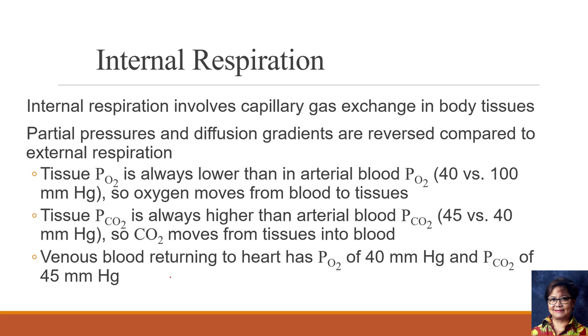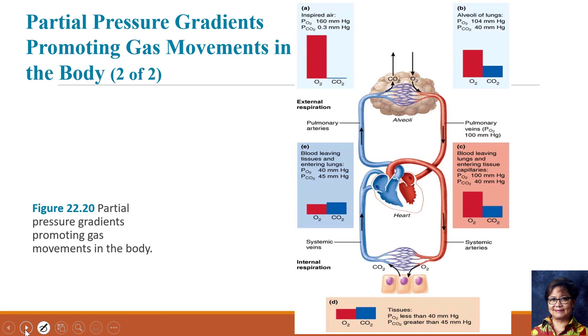So the venous blood returning to the heart has a partial pressure of oxygen equal to 40 millimeters of mercury, and a partial pressure of carbon dioxide that's even higher at 45 millimeters of mercury. I don't need to repeat it, I have already discussed it in a previous slide.